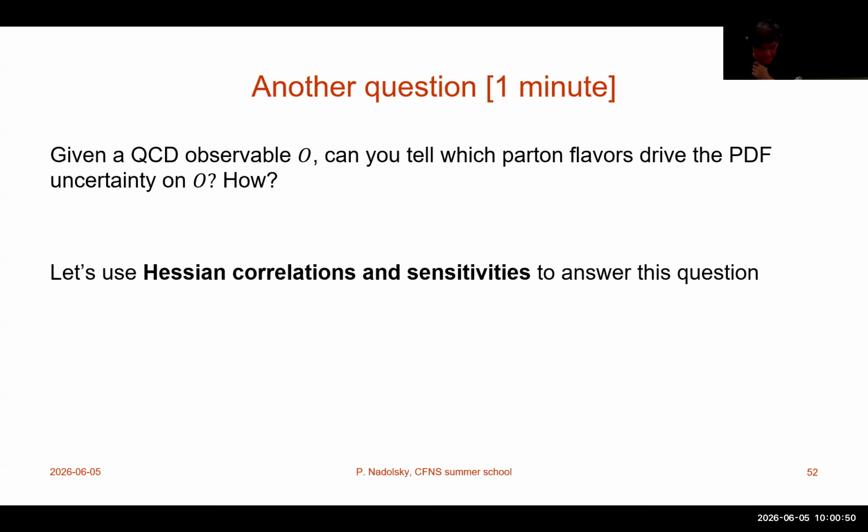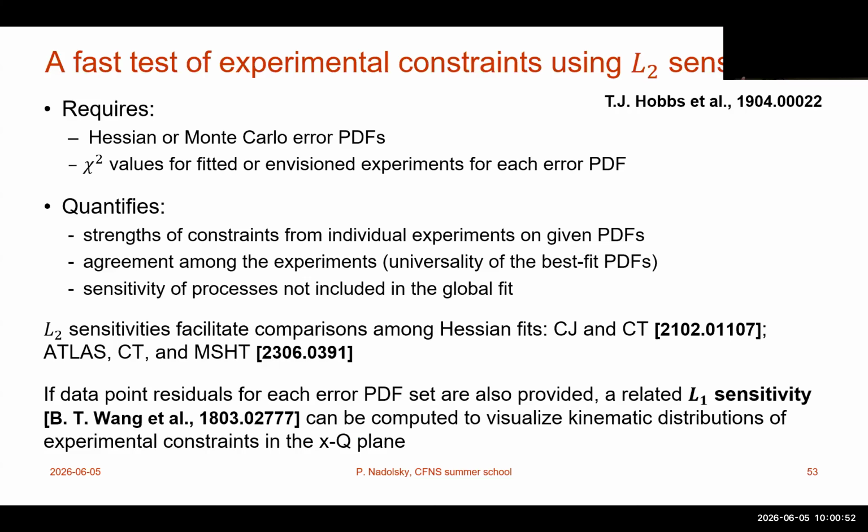These correlations and sensitivities can be easily calculated if I give you either Hessian or Monte Carlo error PDFs. For example, you could take the CT25 error set. You also need to know the chi-squared values for your fitted or envisioned experiments for each error PDF set. Using these two inputs, which can be readily available, you can quantify the strengths of constraints for individual experiments or given PDFs.